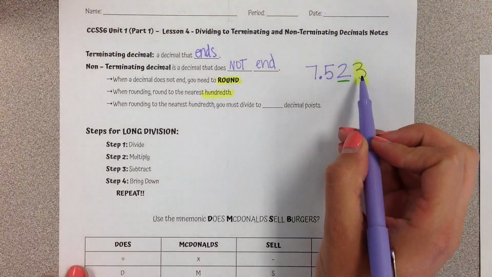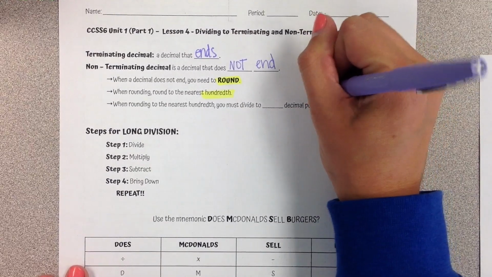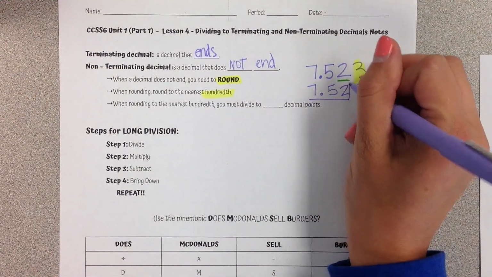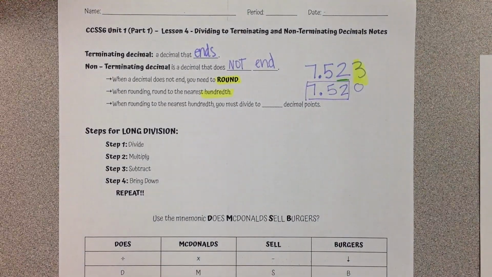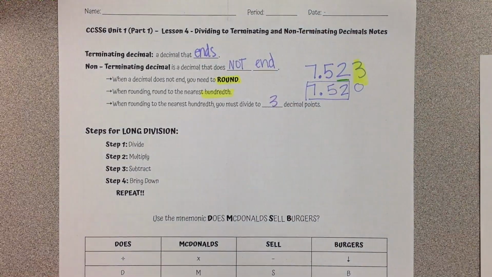For this one, the 3 says that the 2 stays the same. Our rounded answer would be 7 and 52 hundredths, okay? So when rounding, you divide to 3 decimal places so we can eventually round it to 2.